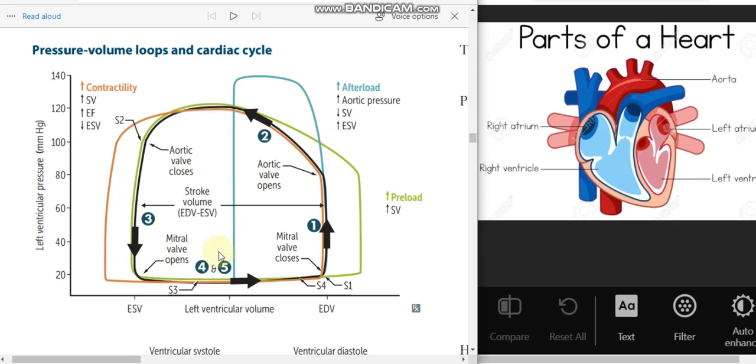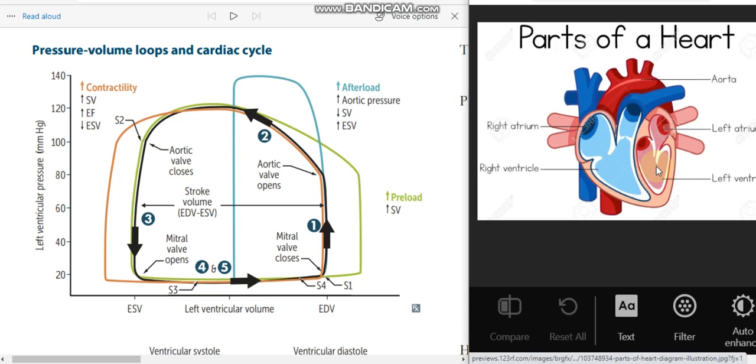What it means is that when the contraction is increased, the heart is pumping very rapidly, so there is less time for ventricular filling. The volume in the ventricle will not be so much, because it is not getting enough time to get filled.